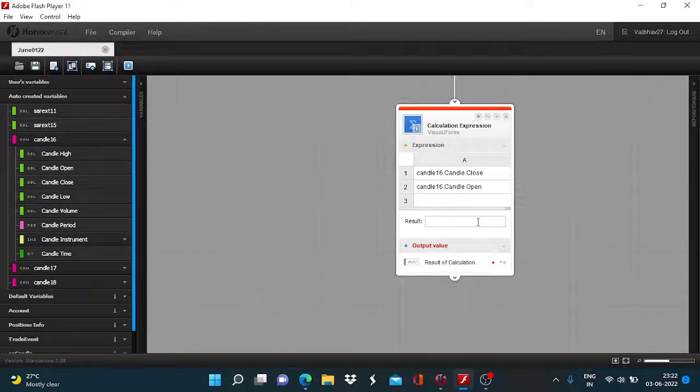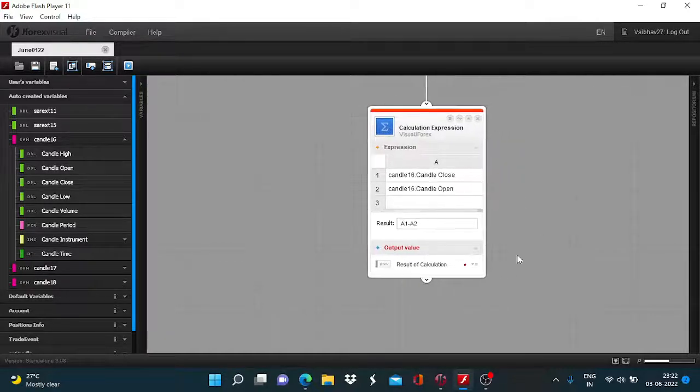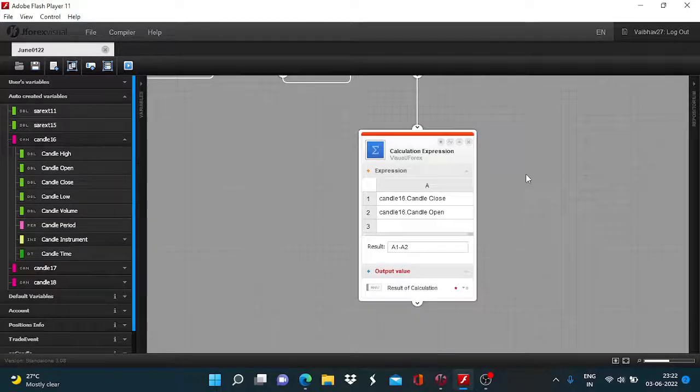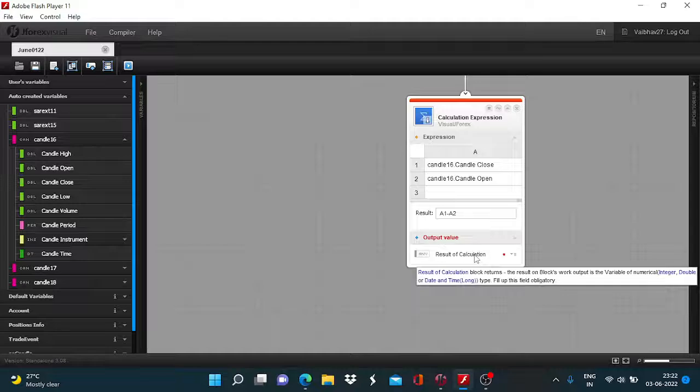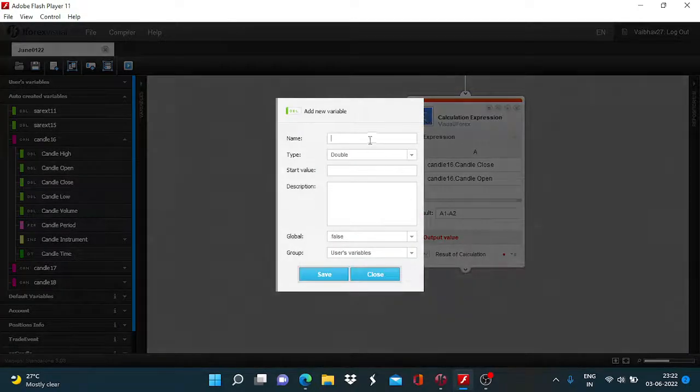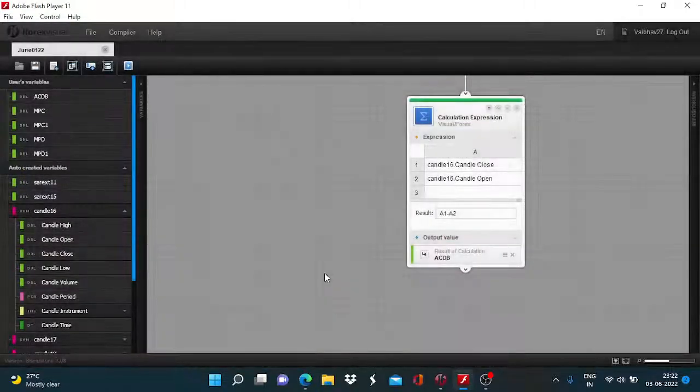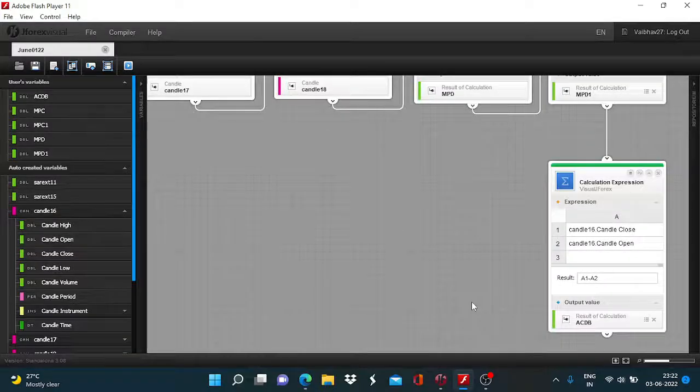So this will be A1 minus A2, the actual candle difference on the buy side. All right.